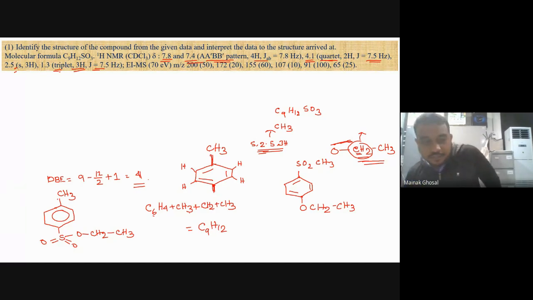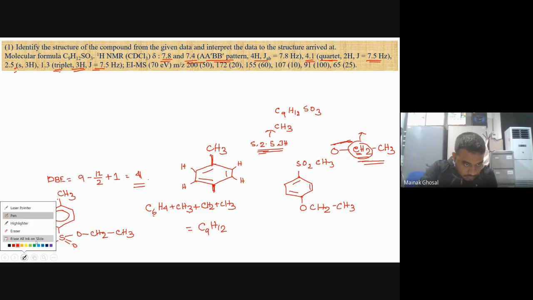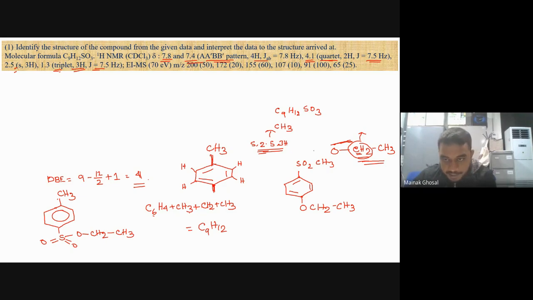Now why am I predicting this one? Why is this one not correct? Whoever has told it, this is absolutely correct, you see the patterns.